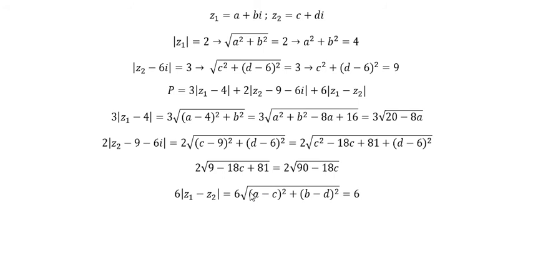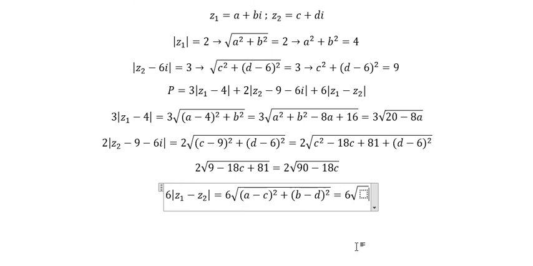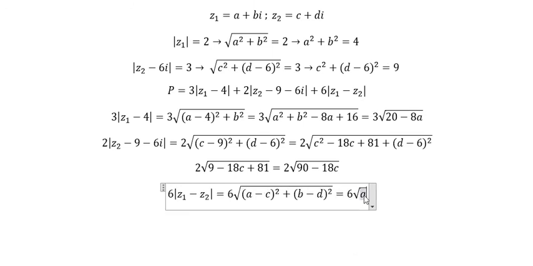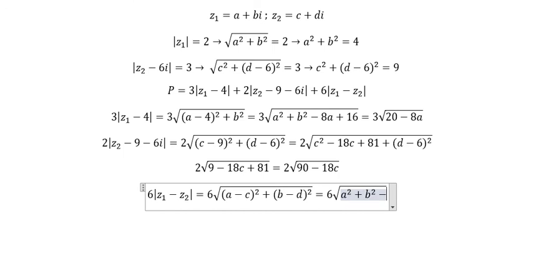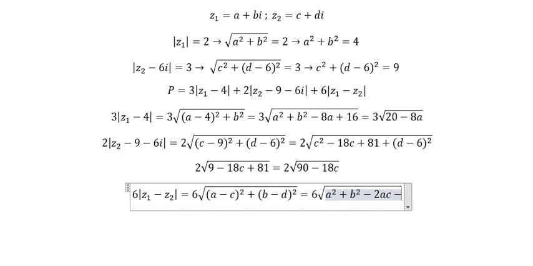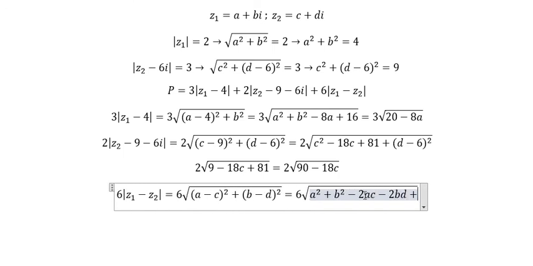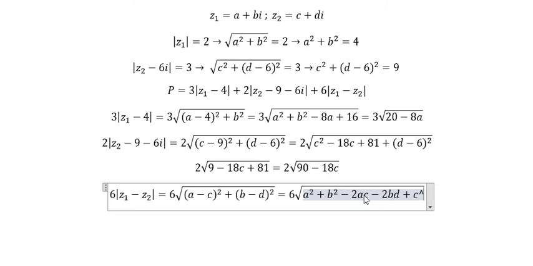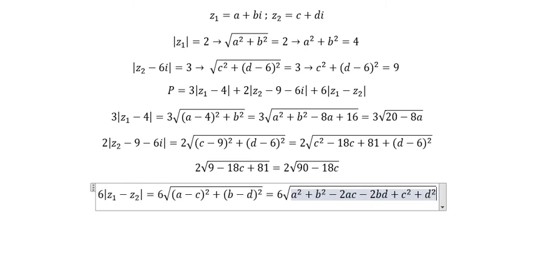Next, we need to expand this one. So you got a square plus b square minus 2ac minus 2bd, and we have c square plus d square here. A square plus b square, that's 4.